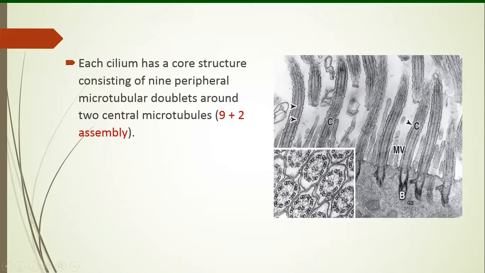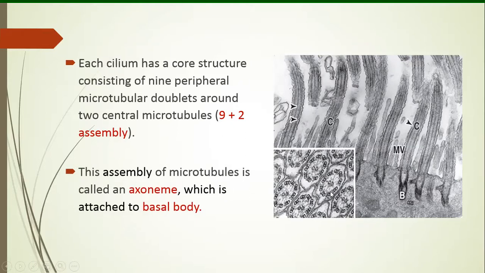They are forming the 9 plus 2 assembly, which is called the axoneme, which is attached to the basal body, which we refer to by the letter B.